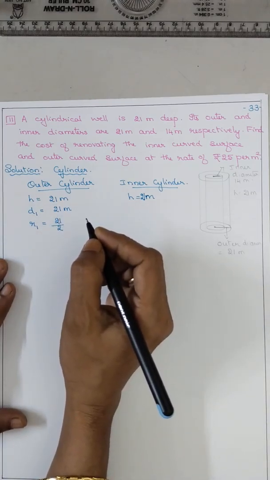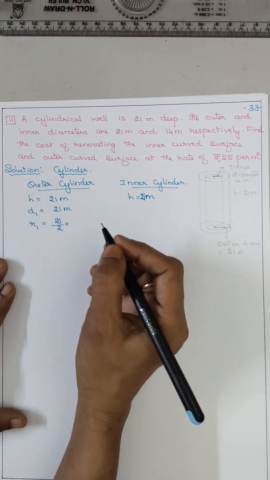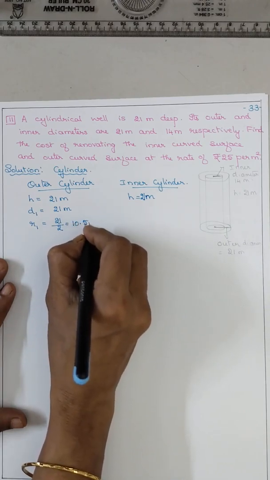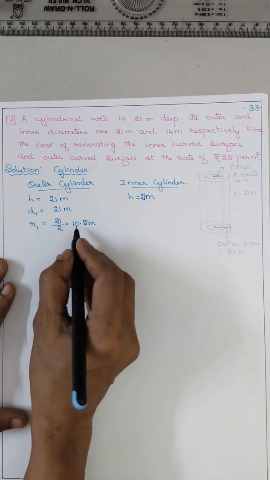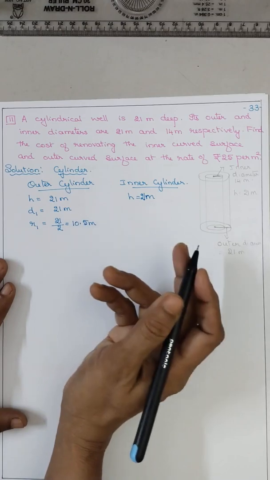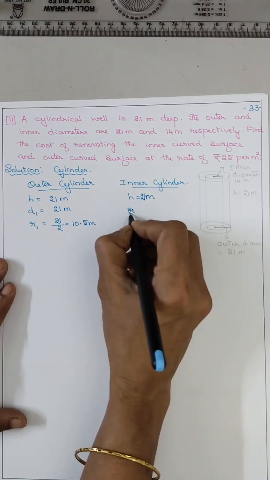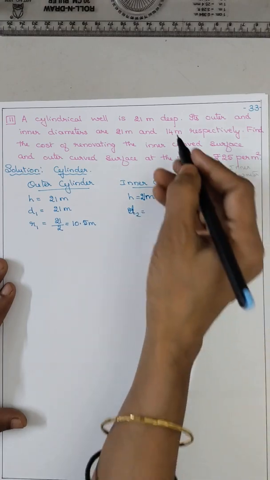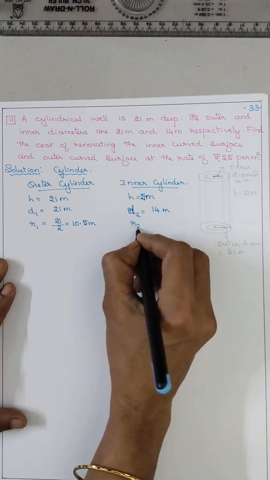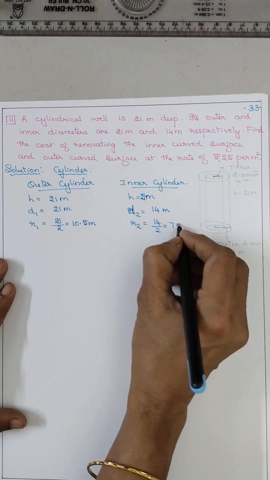Here it is better if we take it in decimal. So it is 10.5. Now D2 diameter is given, isn't it? 14 meter. So R2 will be 14 by 2, that is 7 meter.